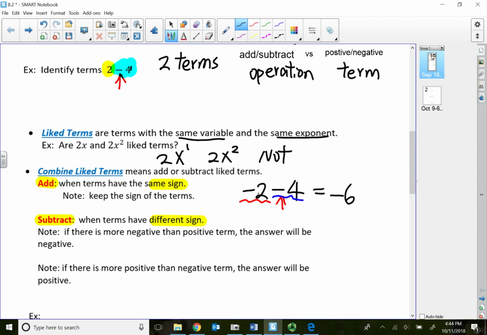A lot of students say, well, we thought a negative makes a positive. That is true when it comes to a negative number times or divided by another negative number. That's actually multiplying or dividing, and multiplication and division only make one term. Here we are actually combining terms. That means I have more than just one term that we are dealing with.